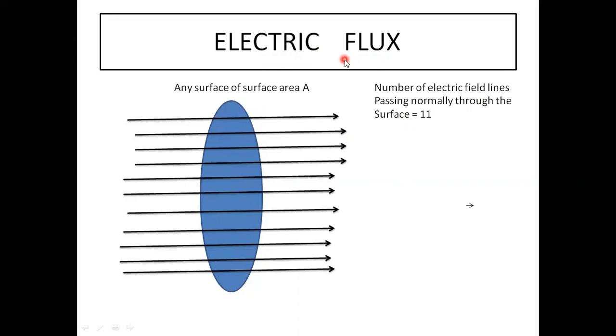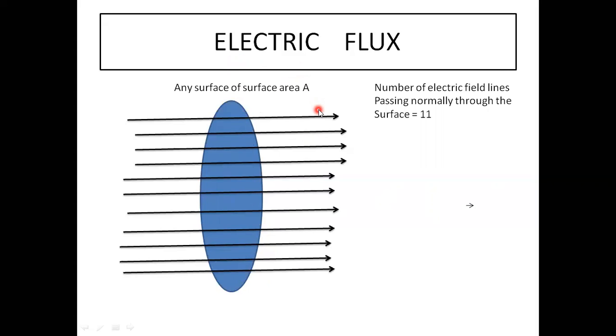Right? Now, in actual practice, it is not that easy. You cannot see electric field lines. Since my electric field lines are nothing but imaginary lines, it is really impossible to visualize them. But still, we can find out how many field lines are passing through any surface normally. Okay, and how can we do that?